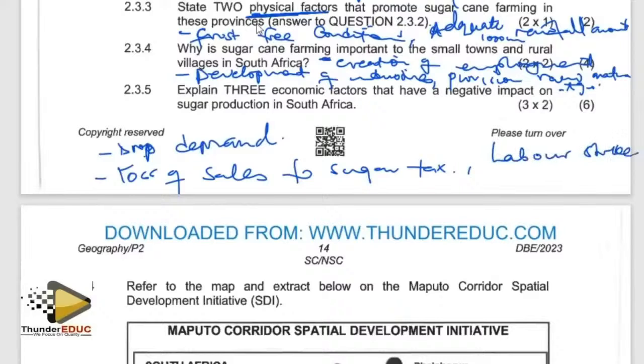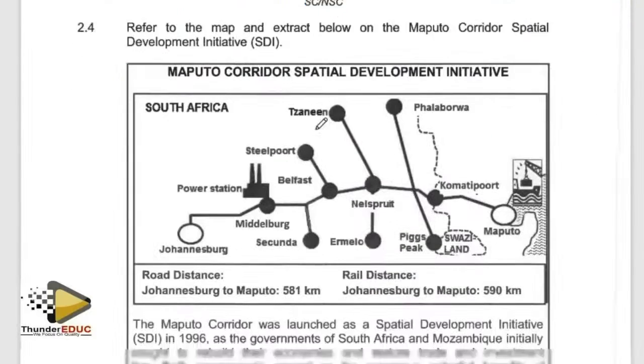Those are all negative economic impacts on sugarcane production. Labor strikes reduce the number of workers in sugarcane production, and this leads to disinvestment from South Africa. So people won't want to invest in the country.